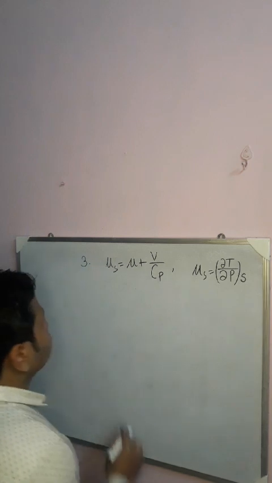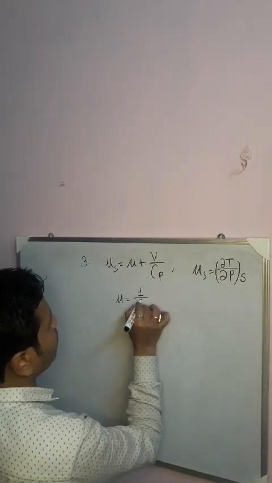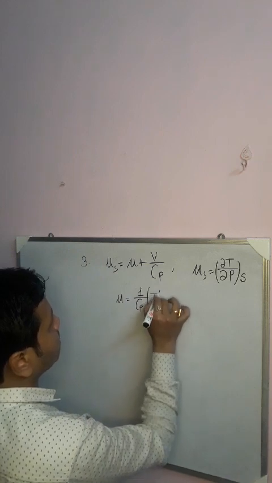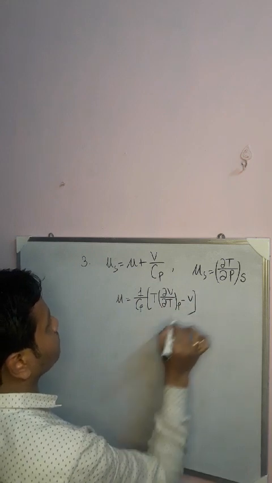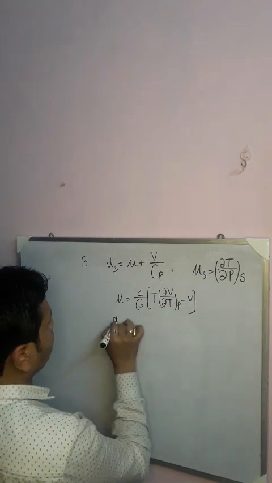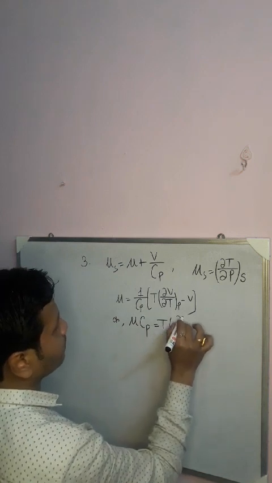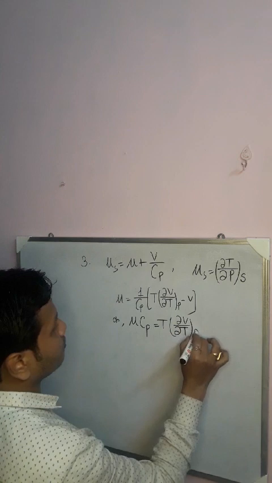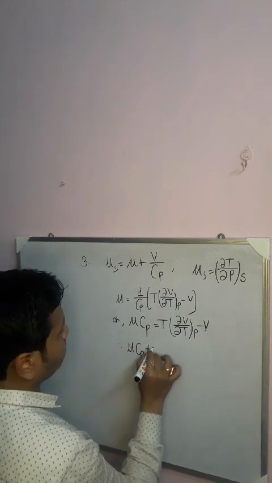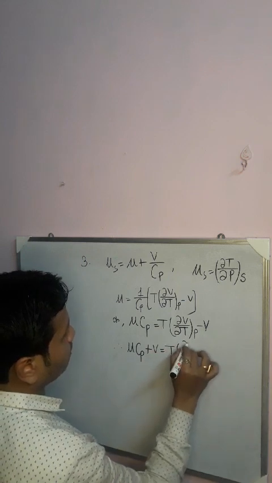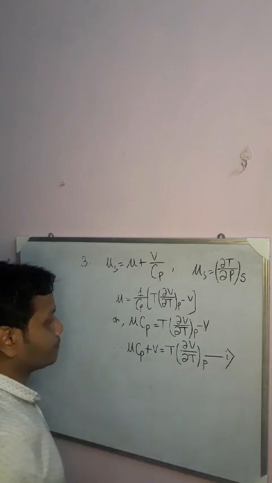We can use the JT coefficient expression mu equals 1 by Cp, T del V del T at constant pressure minus V. So mu Cp equals T del V del T at constant pressure minus V, from which mu Cp plus V equals T del V del T at constant pressure. Give it a name, say 1.